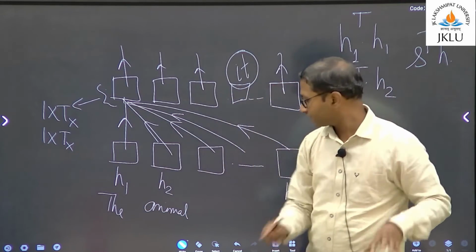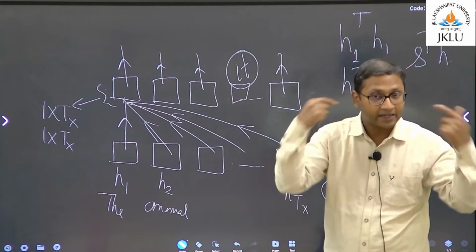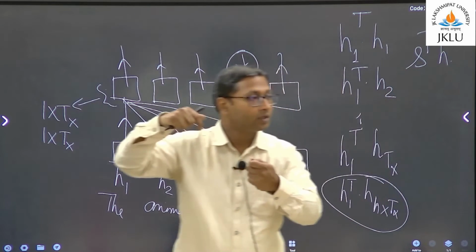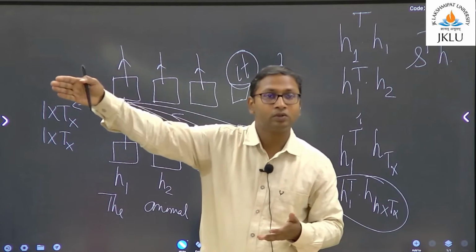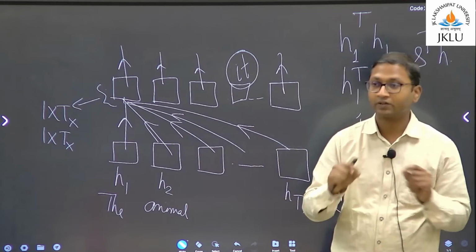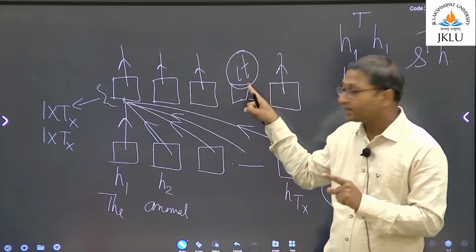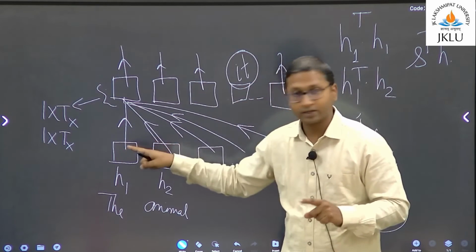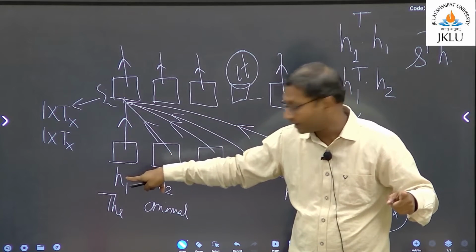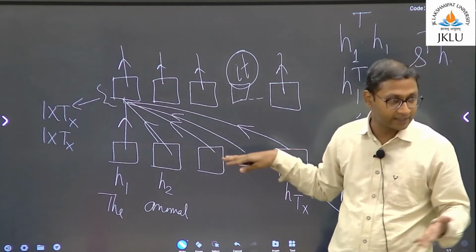Now let's say for whatever reasons it in this sentence refers to the street. So in that case what should happen? The representation of it should change itself to the representation that is closer to the street, right? And this mechanism gives you that flexibility. Because right now if it pays attention more here, that means attention scores are higher, so alpha 1 and alpha 2 are greater than any of these, probably significantly greater.